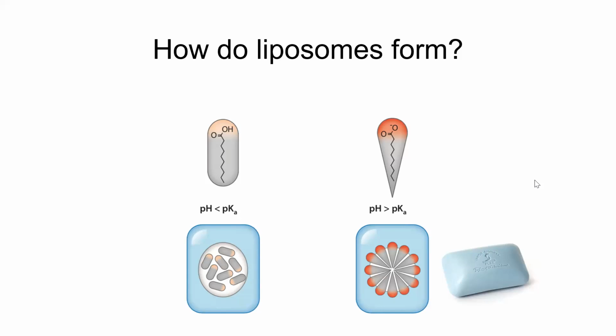And the best way this molecule can organize itself in order to avoid the exposure of the hydrophobic part to water is by forming these spherical systems with all the tails pointing inwards and the head groups pointing outwards.